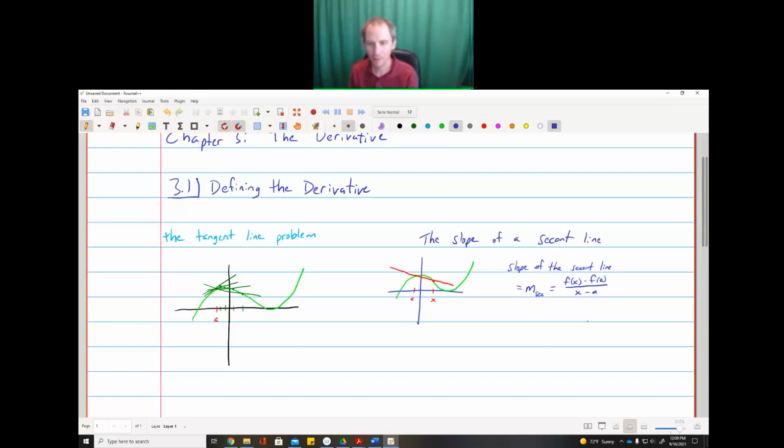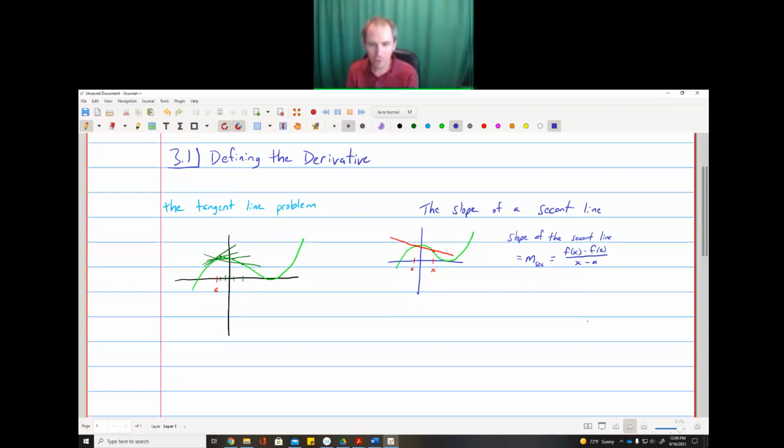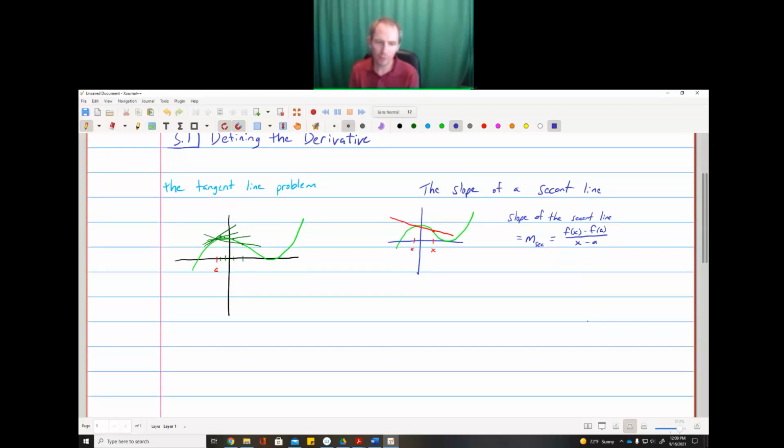There's another way to formulate this, though. If I think about this idea that I have over here on the left, where I'm thinking about that x value moving, getting closer and closer to a, I'm not thinking about picking x values at random. I'm picking x values that are a certain distance away from a. So maybe instead of talking about a separate x value, we'll talk about a, and we'll talk about moving over from a by a little amount.